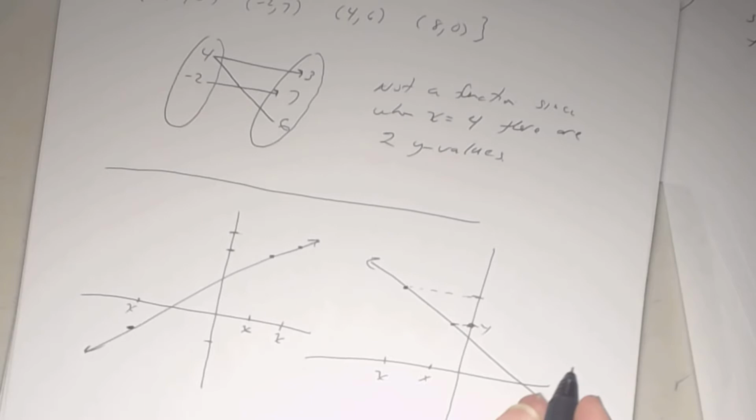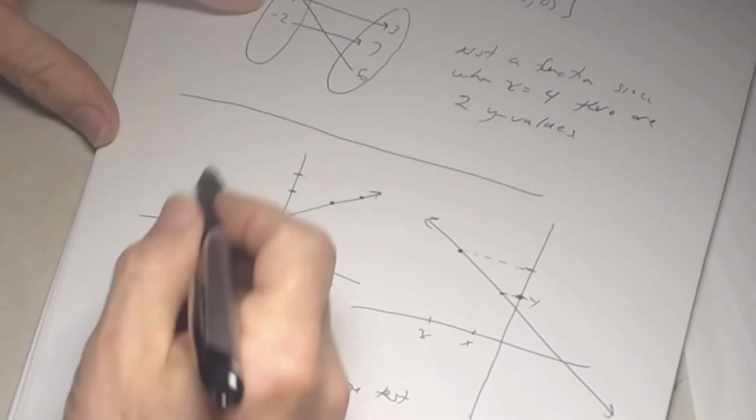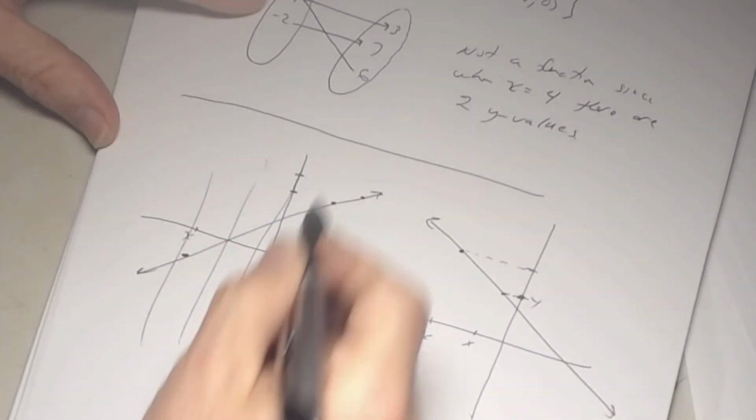There's something called the vertical line test. Now listen carefully to this. Whenever you're given a graph, you can use a vertical line test to determine if it represents a function. It's very easy to do. All you do is draw a vertical line everywhere. Just like this.